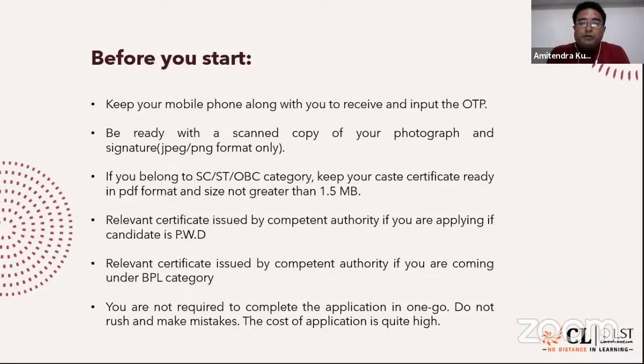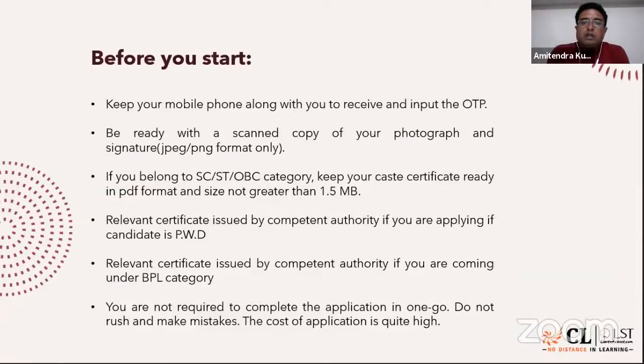If you are applying under the persons with disability category, then the certificate issued by the competent authorities is also required. Same goes for the BPL category students. So if you are from the below poverty line category, then your certificate should also be ready because that needs to be uploaded.